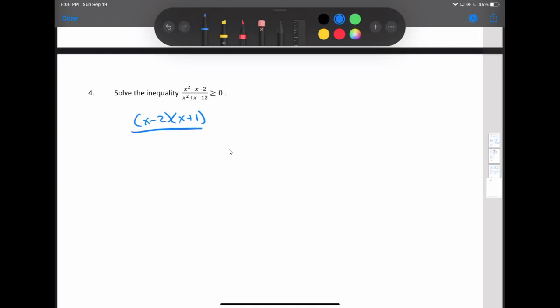And on the bottom, two numbers that multiply to -12 add to +1, and that would be +4 and -3. Unfortunately, nothing cancels out, but that's okay. I'm going to put a little note over here. I know now that x cannot be -4 or 3.